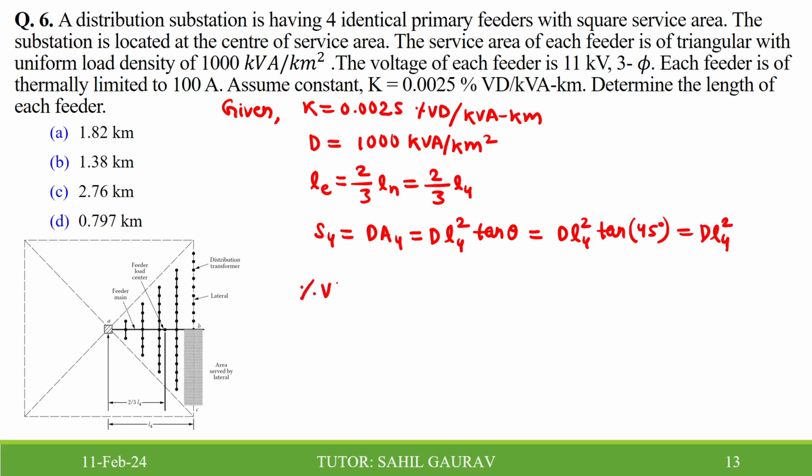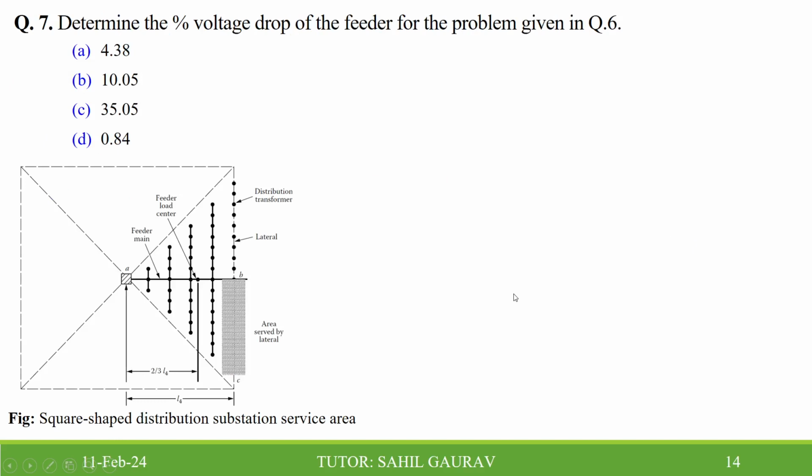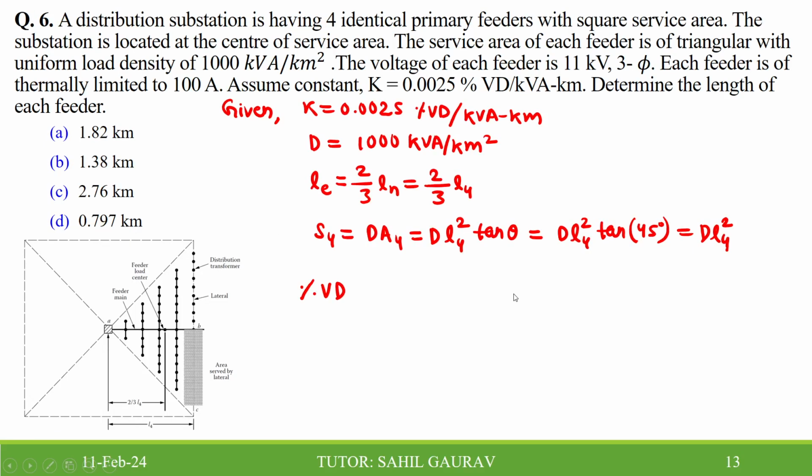So we have seen in the previous case that for four primary feeders, the percentage voltage drop is 2 by 3 of D into L4 cubed. So we will use this formula only. The percentage voltage drop will be K into LE. I am just deriving it also.